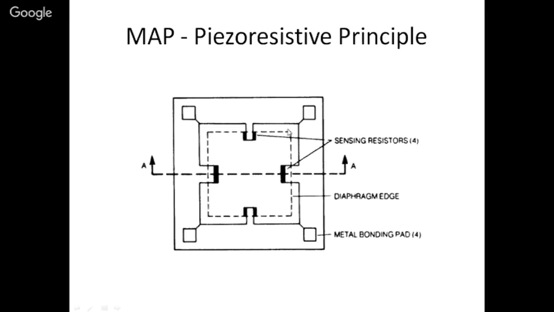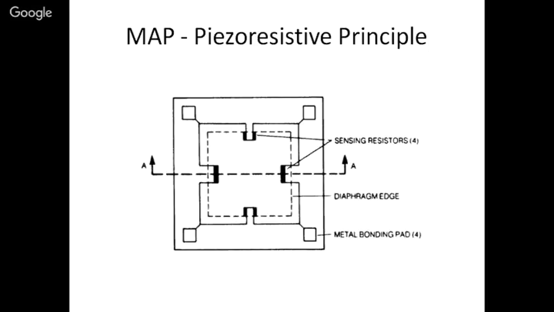The diaphragm is mounted on a small plate, and there are sensing resistors, 1, 2, 3, 4, forming a Wheatstone bridge. But these resistors are very small. You can see yourself, if this side is 1.5 millimeter, how small they will be. They are doped silicon, basically NPN type, and they are piezoresistive.